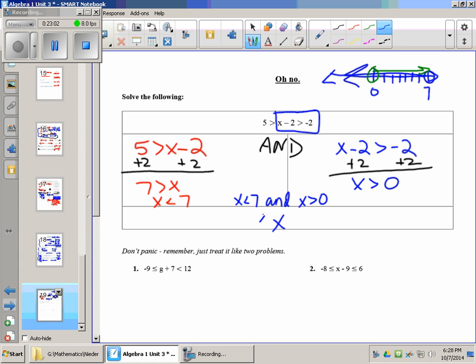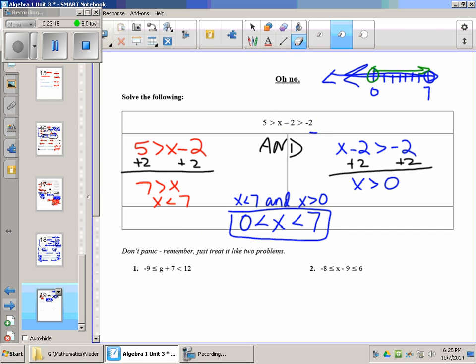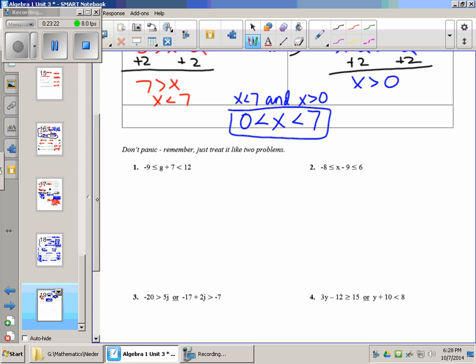And say x is bigger than 0 and less than 7. Or in other words, x is between 0 and 7. And that is our solution. So any value x that's between 0 and 7, you could plug into this original inequality and you'd get a true statement. Okay, so it's just taking it and breaking it into 2 parts.